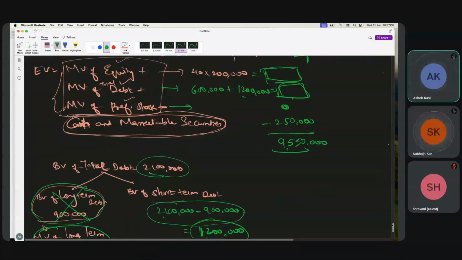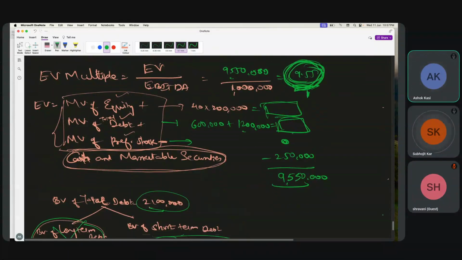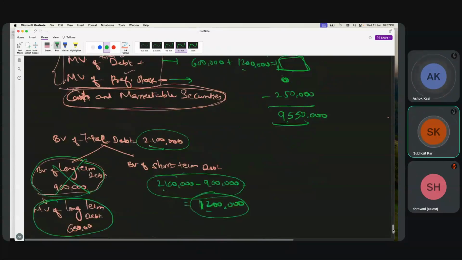Is this clear? Understood? So when any company is acquiring another company, in the newspaper when you read, they will speak about this EV multiple and all those.